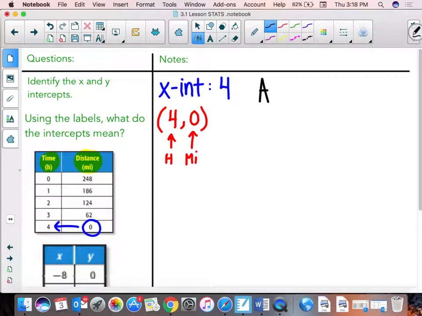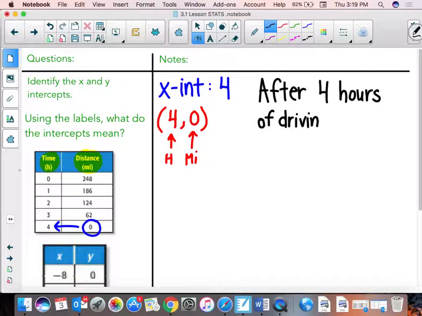So after 4 hours of driving, I'm going to say I have arrived. I don't know where I'm going. Somewhere 4 hours away, I guess. I have arrived. Or you could say after 4 hours of driving, I have 0 hours left.